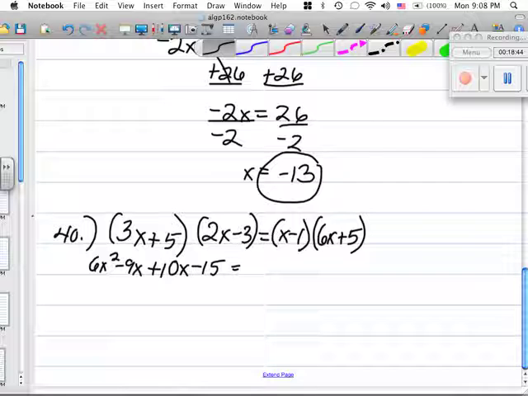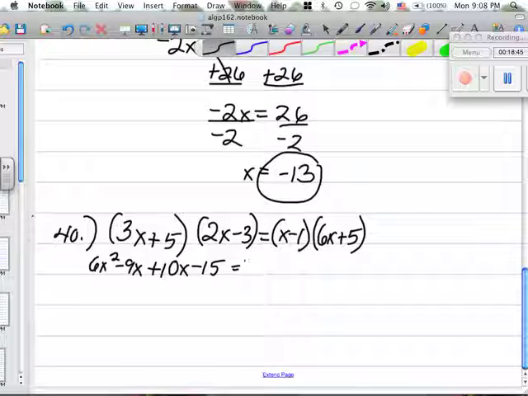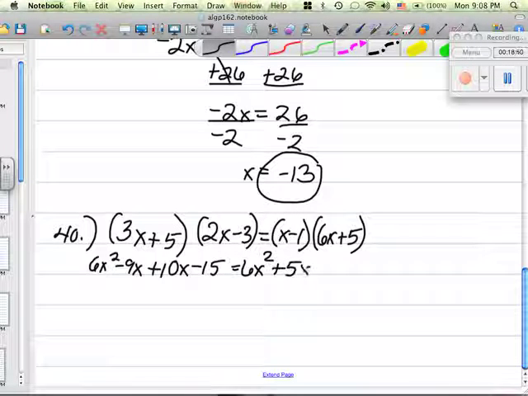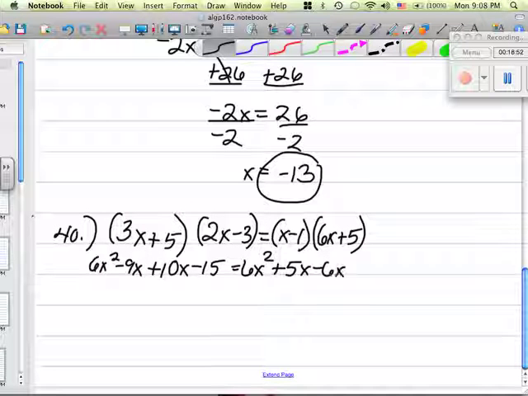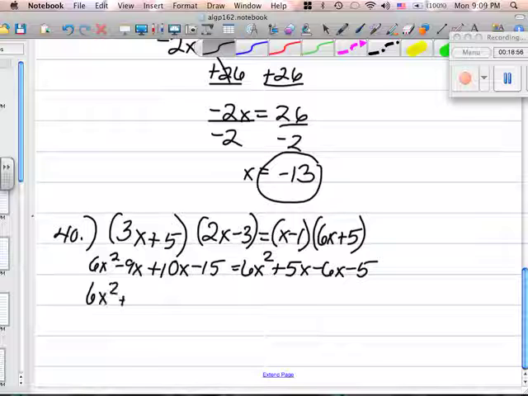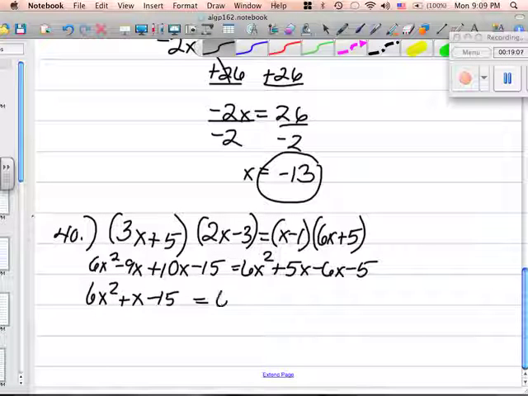On the right side of the equal sign, first term, you get 6x squared, outer plus 5x, inner negative 6x, and last negative 5. Simplifying, we get 6x squared plus x minus 15 equals 6x squared minus x minus 5.